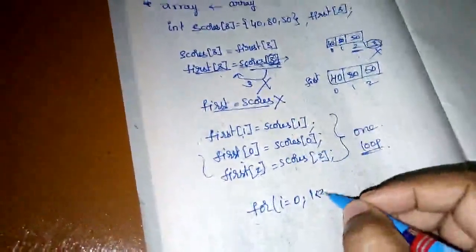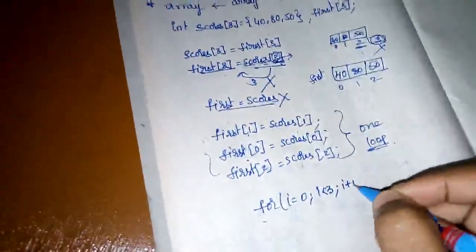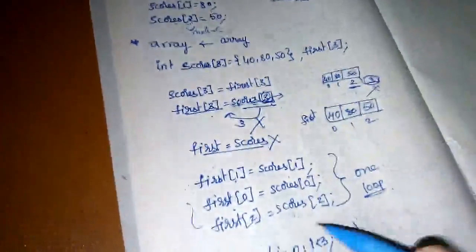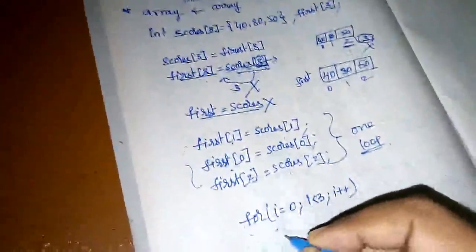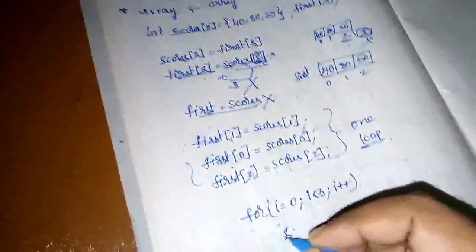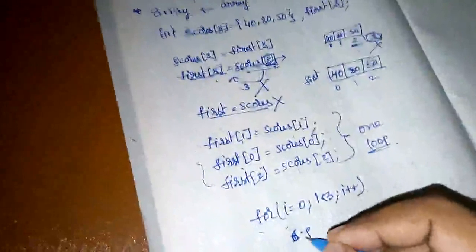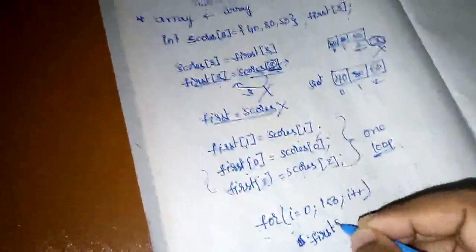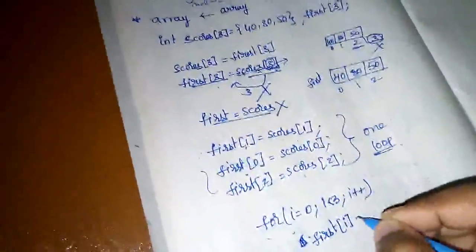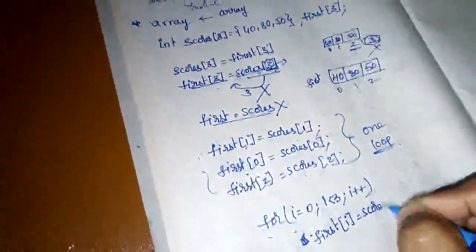As the size of scores and the size of first are both the same, we can use either size. Then you write first of i is equal to scores of i.